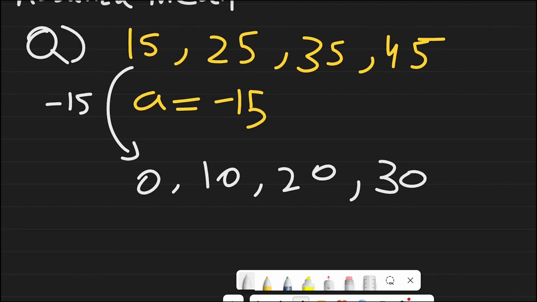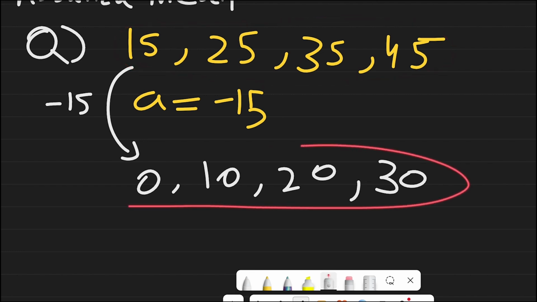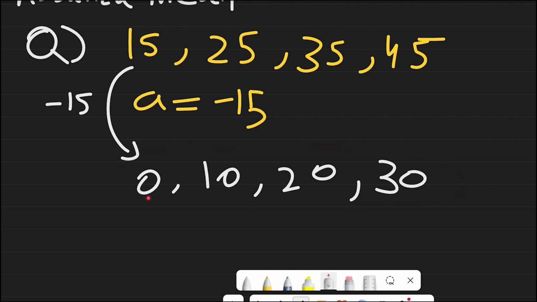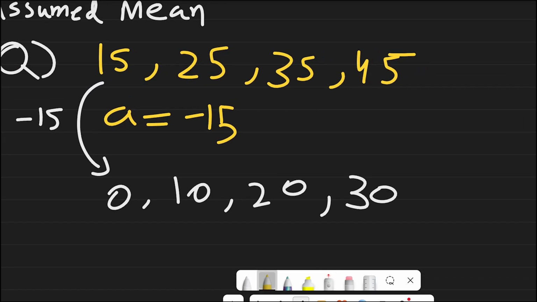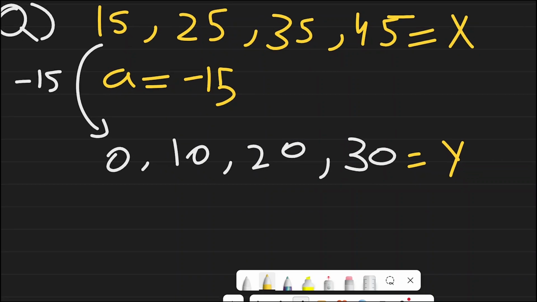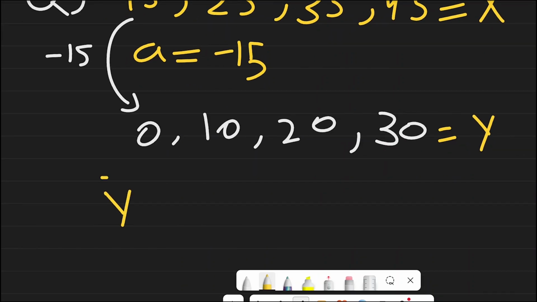If we had to manually add the initial values, now we can add these more easily, like 10 plus 20 plus 30, it's simply 60, right? Now let's just say this is x and this is y. The mean of y would be 60 over 4, which would be 15.